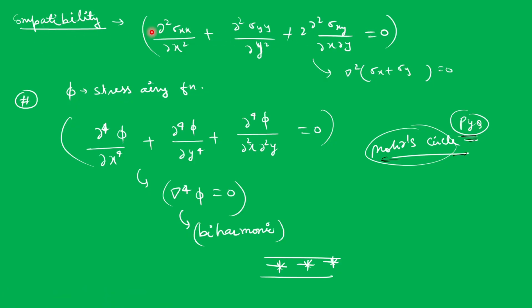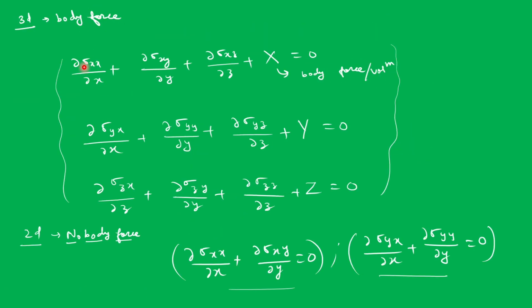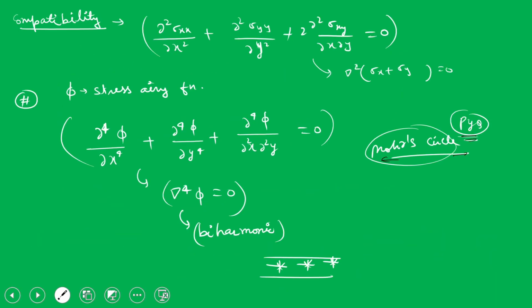Then there is a compatibility equation. Okay, so dou square sigma x by dou x square plus dou square sigma y by dou y square plus 2 times dou square sigma xy by dou x dou y is equal to 0, and it is given by del square of sigma x plus sigma y. And then this is the stress function.